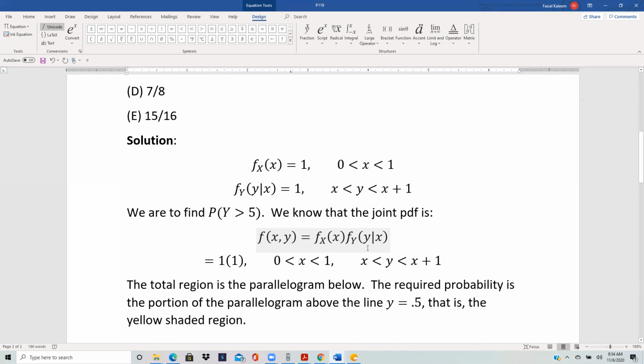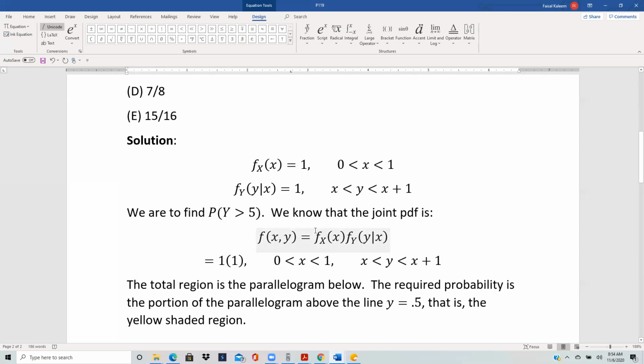That's for independent variables. But if the variables are not known to be independent, then this is the most general formula. You can also write this formula in terms of y: f of big Y of y times f of big X, x given y.